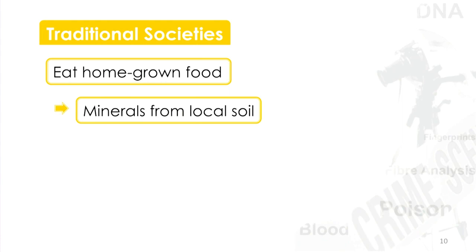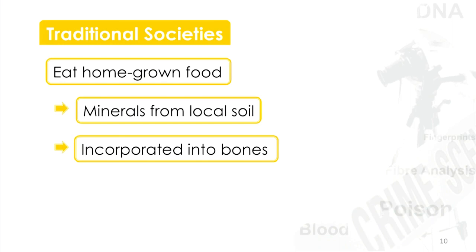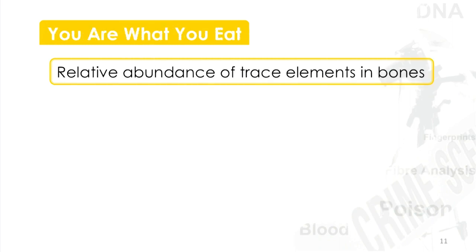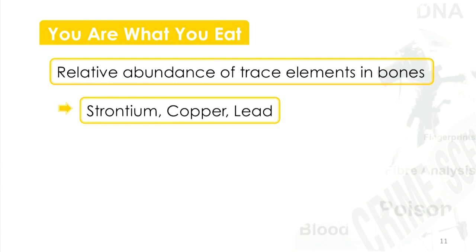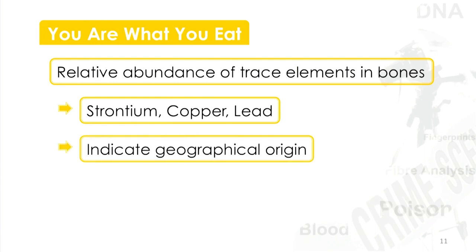So if the local soil is particularly rich in a particular element, then the food those people eat will tend to be richer in that element, and this will be reflected in the chemistry of those people's bones. So for instance, if the soil in a particular region is higher in levels of, say, strontium or copper or lead, then those people's bones will be higher in quantities of those three elements compared to people from a different region.